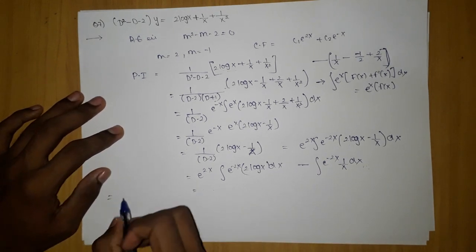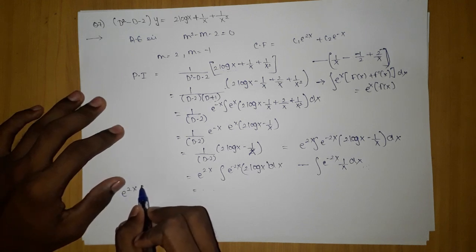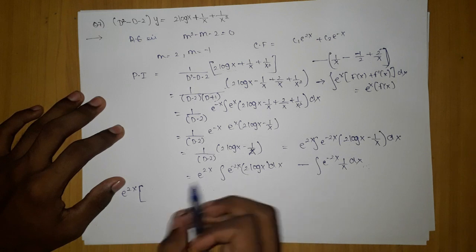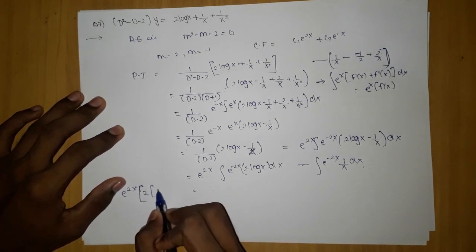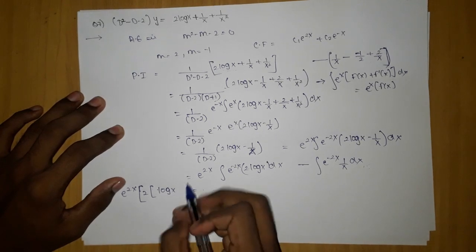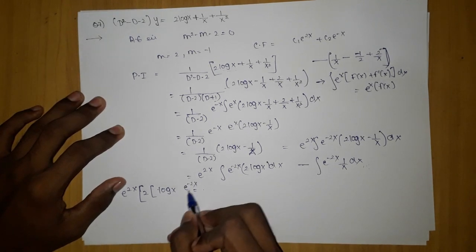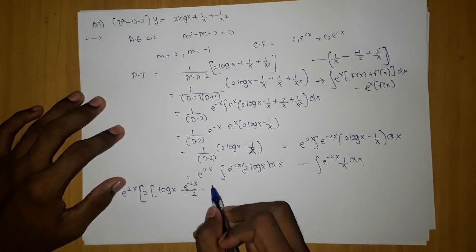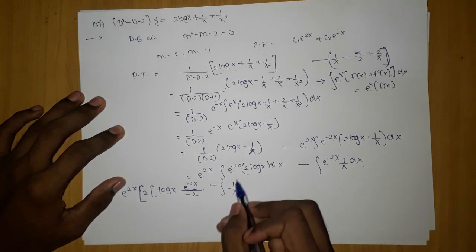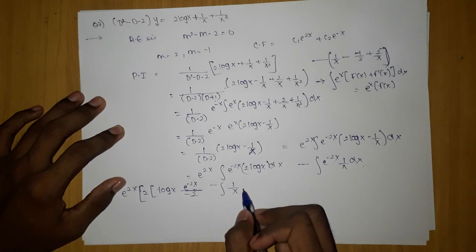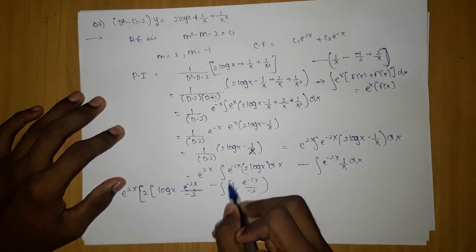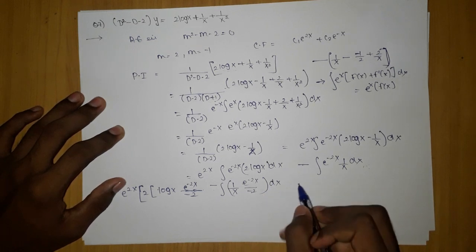So I am solving it from here: e to the power 2x, bracket. Here we have 2, which we take outside, and we have log x. The integration of this will be e to the power minus 2x by minus 2, minus the integration of, sorry, the differentiation of this, which will be 1 by x into e to the power minus 2x by minus 2, the whole into dx, its whole integral.